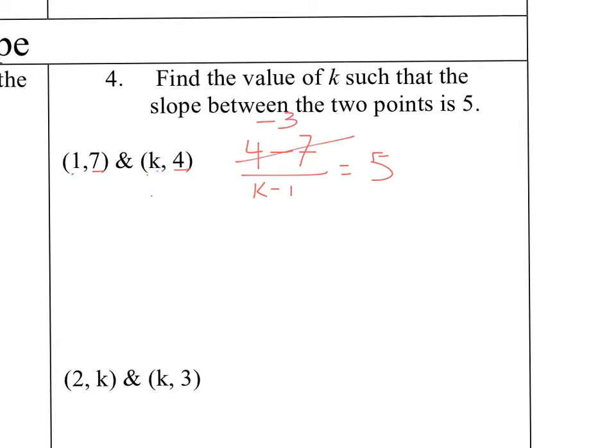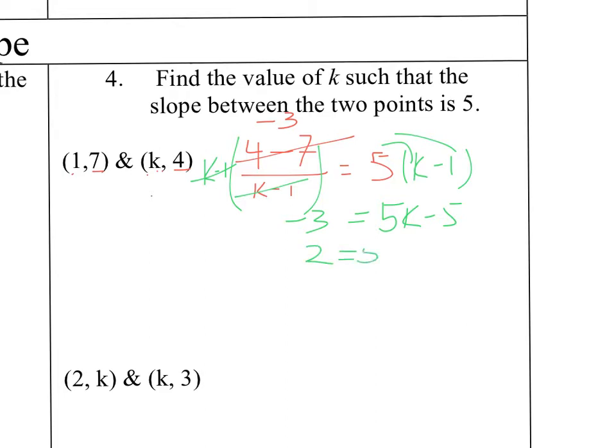And what I'm going to do is multiply both sides by k minus 1. And distribute on the right, we get 5k minus 5. On the left, those cancel out, and we're left with just a negative 3. I'm going to add 5 to both sides to get 2 is equal to 5k. Divide both sides by 5 to get 2/5 is equal to k.